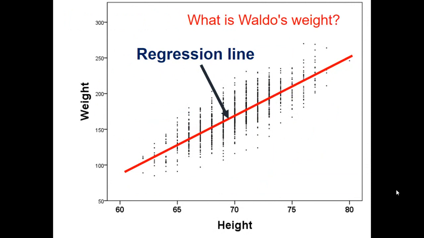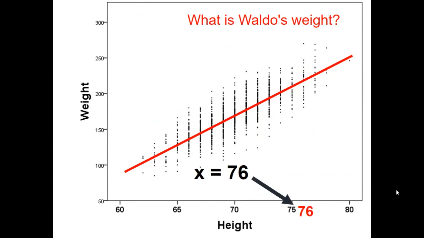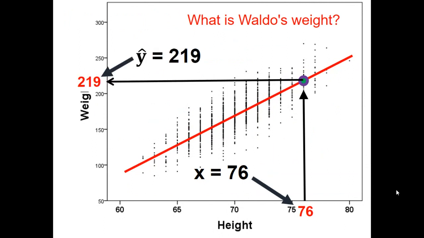So here's how the regression line can be used to make estimates. We locate an individual's value on x on the x-axis. Waldo's height is 76 inches, so this is his value on x. We find the prediction point on the regression line directly above the value of x.